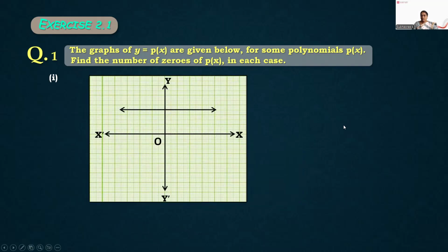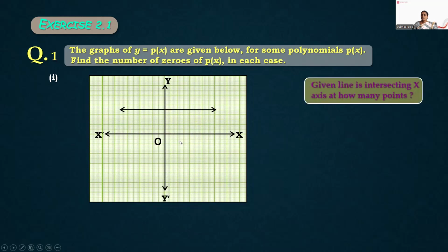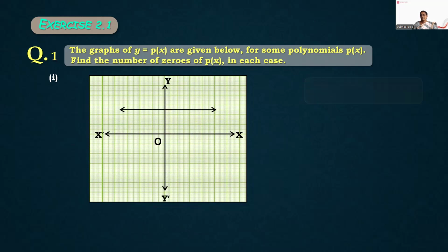First question. You see the diagram? See, this line is passing parallel to the x-axis, but does it touch the x-axis? No, not at all. Am I right? It's not touching the x-axis. So the question is, at how many points is the given line intersecting the x-axis? What is your answer, children?